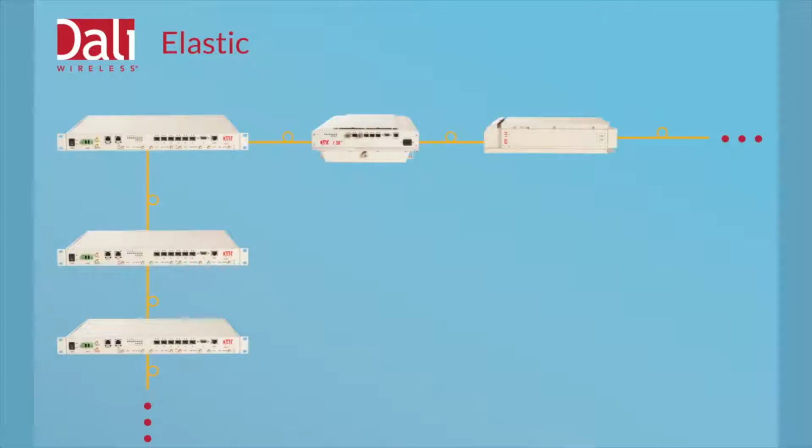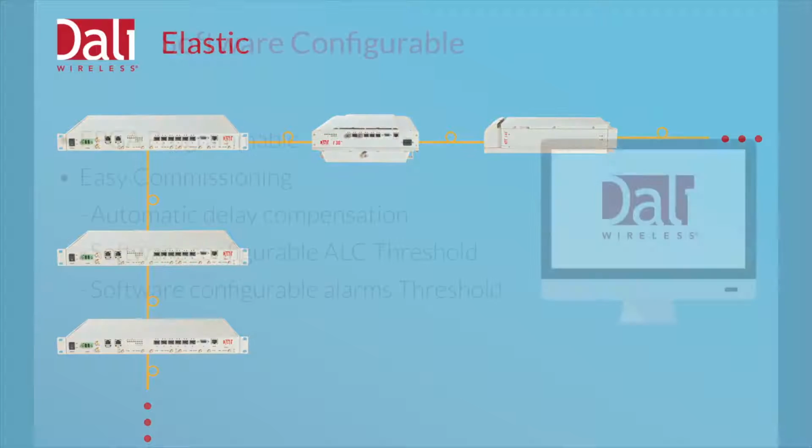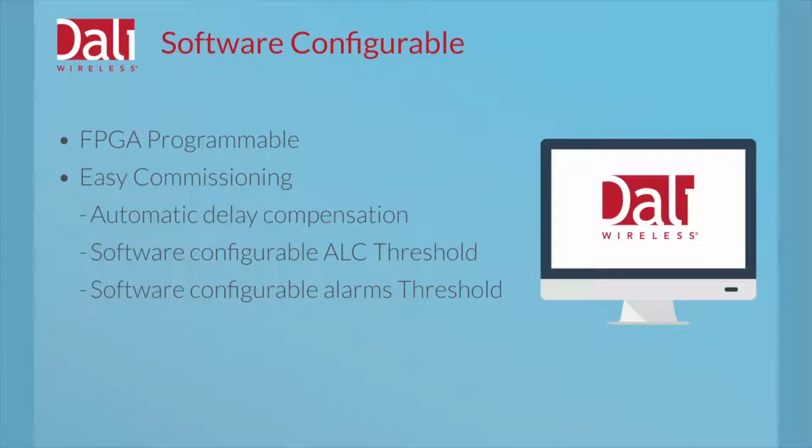It's elastic. It can easily be expanded by adding bands and units, by daisy chaining the host units at the central office and daisy chaining the remote units at the remote locations. It's future-proof because all digital signal processing is conducted inside reprogrammable devices, field programmable gate arrays, or FPGAs.